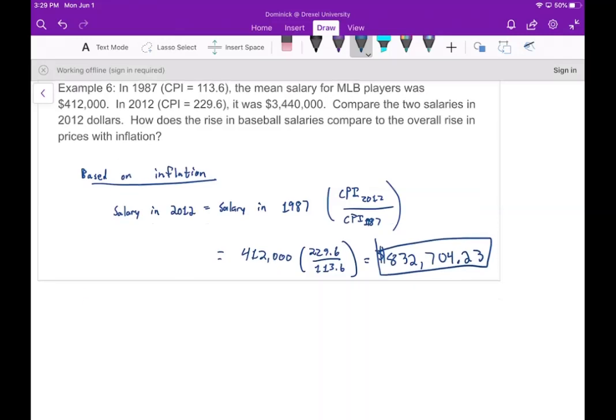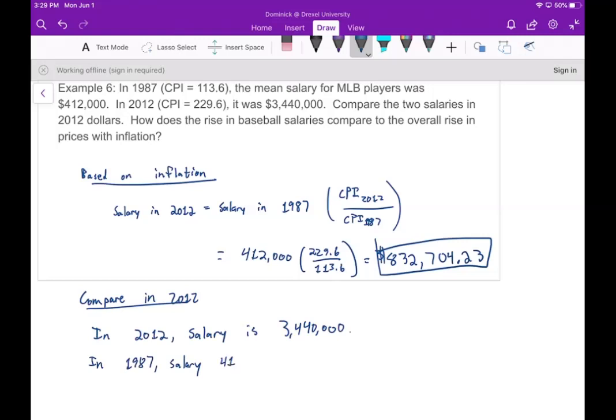But now let's compare them both in 2012 dollars. Really, that's exactly what we just did, right? So in 2012, the salary is 3,440,000. Now in 1987, the salary was 412,000.